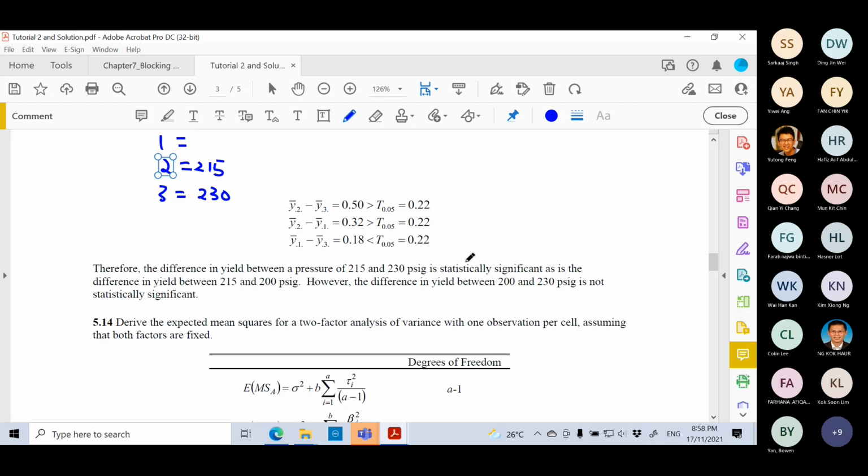Then 1 here refers to 200. So the difference between 200 and 230 is not significant. 1 and 3 is not significant because it is less than the critical value, so it is not considered a significant difference.